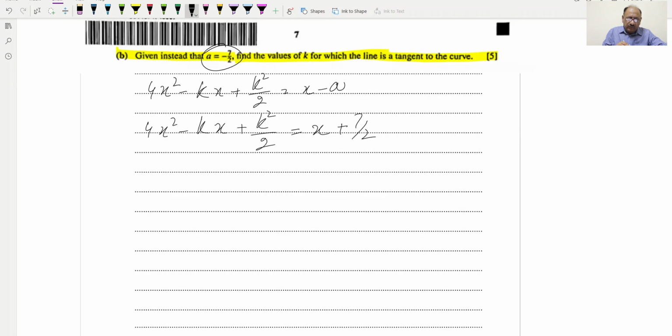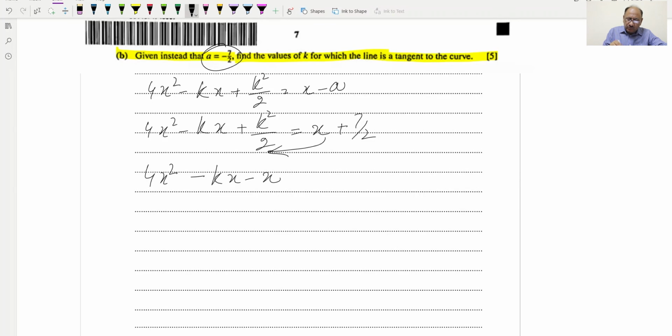Further, now we can shuffle this k square and x square. Basically we require the quadratic equation in the form of x, so 4x square as it is, and x containing terms we can write minus kx and minus x.